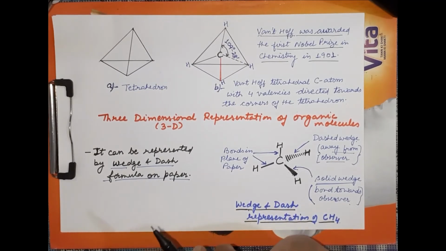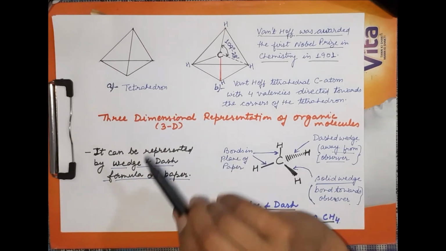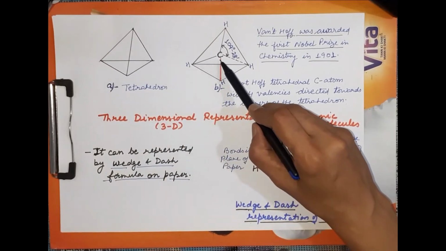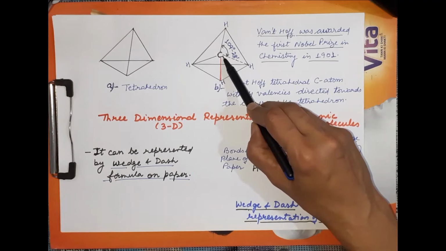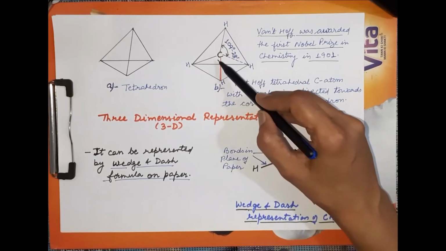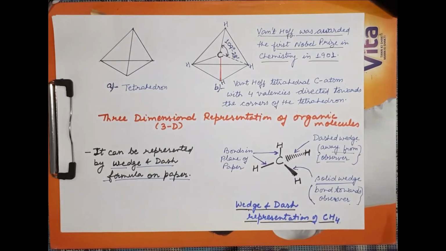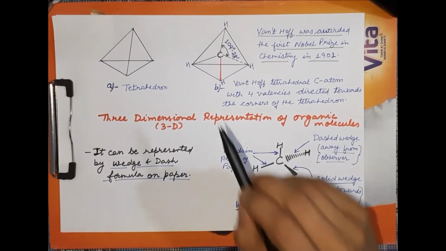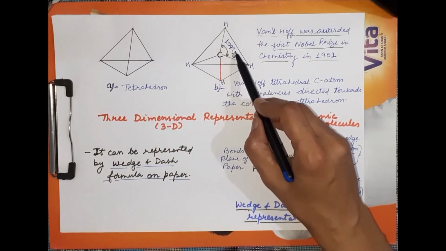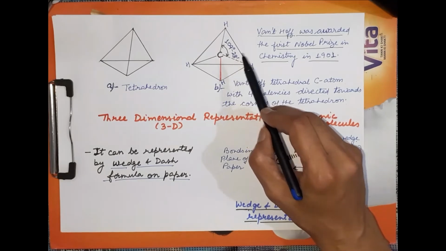As I have just told, according to Van't Hoff, the 4 bonds in methane are directed towards the 4 corners of the tetrahedron. Here we can see the center carbon atom, and the 4 valencies of carbon are directed towards the 4 corners of the tetrahedron. The angle between 2 adjacent bonds is 109 degrees 28 minutes.